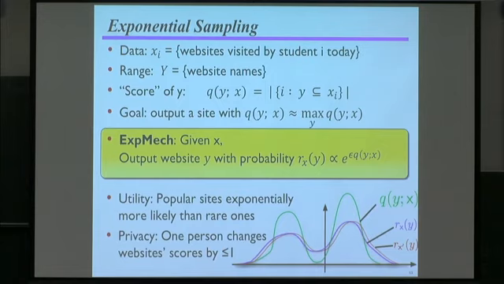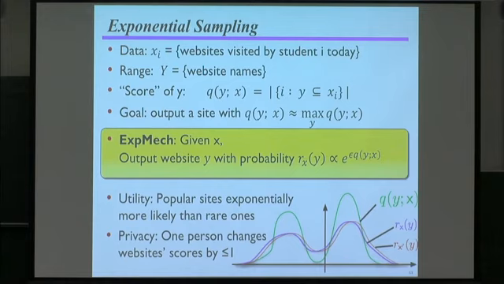Now rather than outputting the actual most popular website, I'm going to output something which is correlated to it as follows. I'm going to assign each website a probability that increases exponentially with the number of visits it received. I get a probability distribution by summing all these numbers up and dividing everywhere by that sum so that they all add to 1.